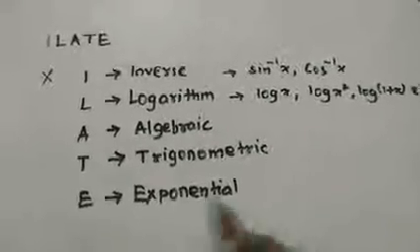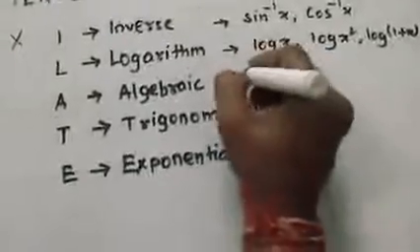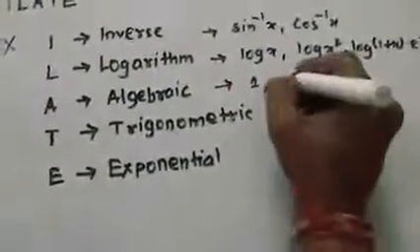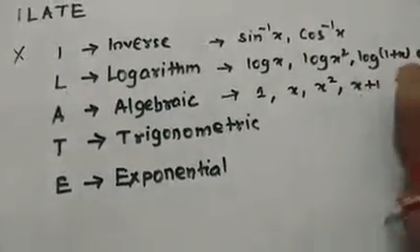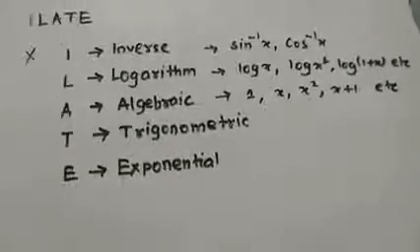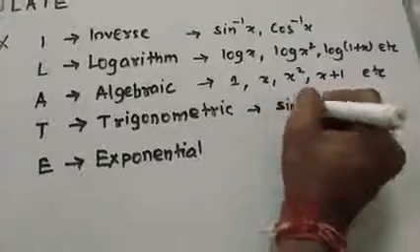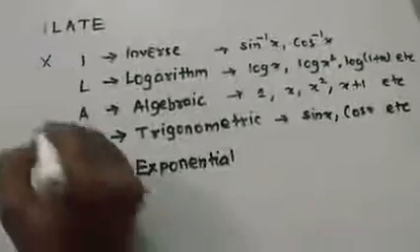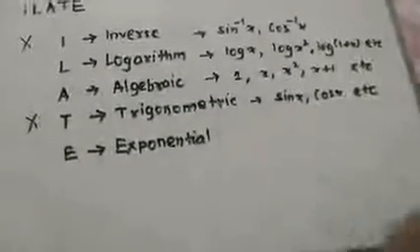Okay, A stands for algebraic. Algebraic means the polynomials you know, that means we can say 1 is also a polynomial, x, x square, x plus 1, anything in terms of x. T stands for trigonometric, that is sin x, cos x, etc. But again trigonometry is not included in syllabus, so we will not find any question regarding trigonometry also.